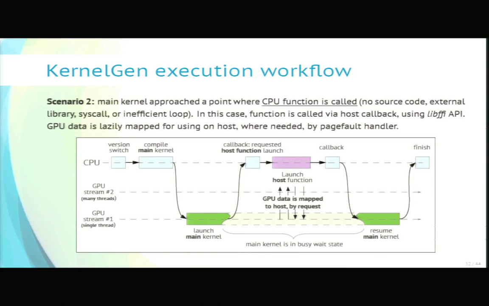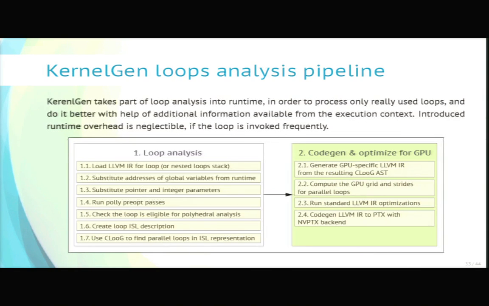And in case this host binary depends on GPU data, there is a page fault handler which lazily loads GPU data on the host depending on the need. And when the host call finishes, the dirty pages are offloaded back into the GPU memory, and the main kernel also resumes its execution.